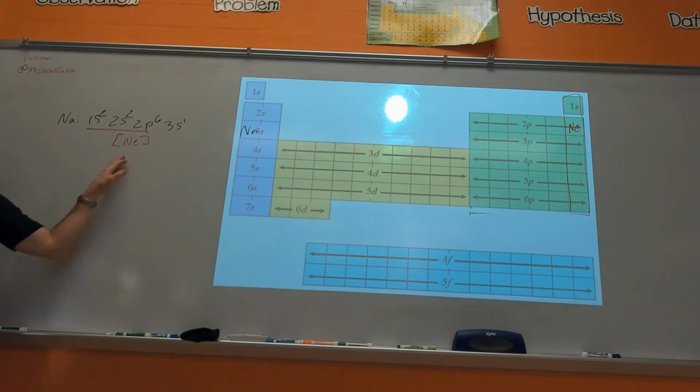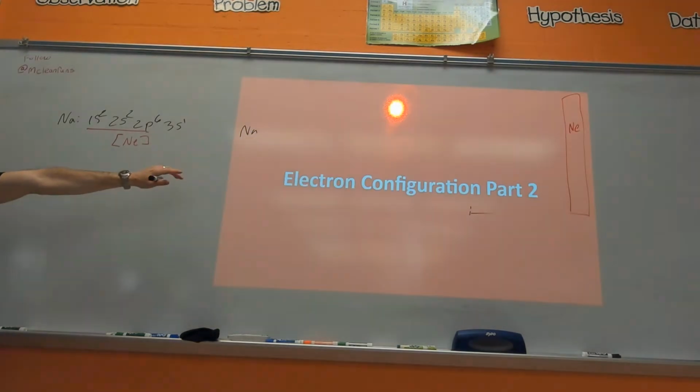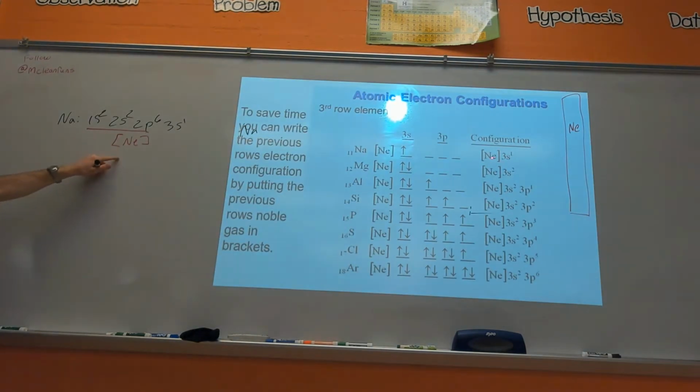Kind of like in algebra, where you say x means this. You're just saying, hey, that's neon. And then you write what is unique to sodium, 3s1. So for the configuration for sodium, it's just brackets, neon, 3s1.